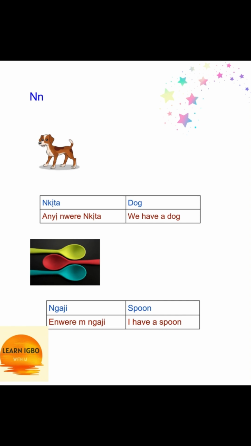This one is for dog lovers. You can tell somebody, Anyị nwere nkịta. We have a dog. Used in a word example. Ngaji. Spoon. Enwere m ngaji.